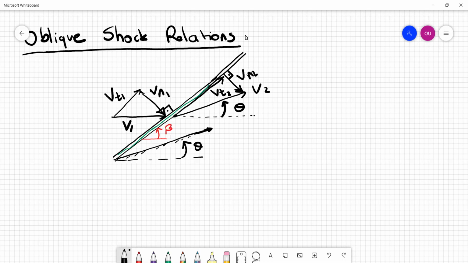We do a similar thing here. If we take, for example, a control volume in a box which has surfaces parallel to the oblique shock wave, it looks something like that.